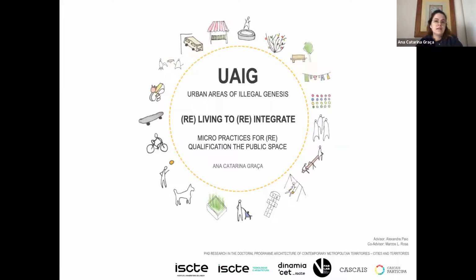The PhD is titled Urban Areas of Illegal Genesis, Reliving to Reintegrate: Micro-Practices for Requalification of the Public Space. I will present the investigation very quickly, where this presentation is inserted, being part of the practical parts.